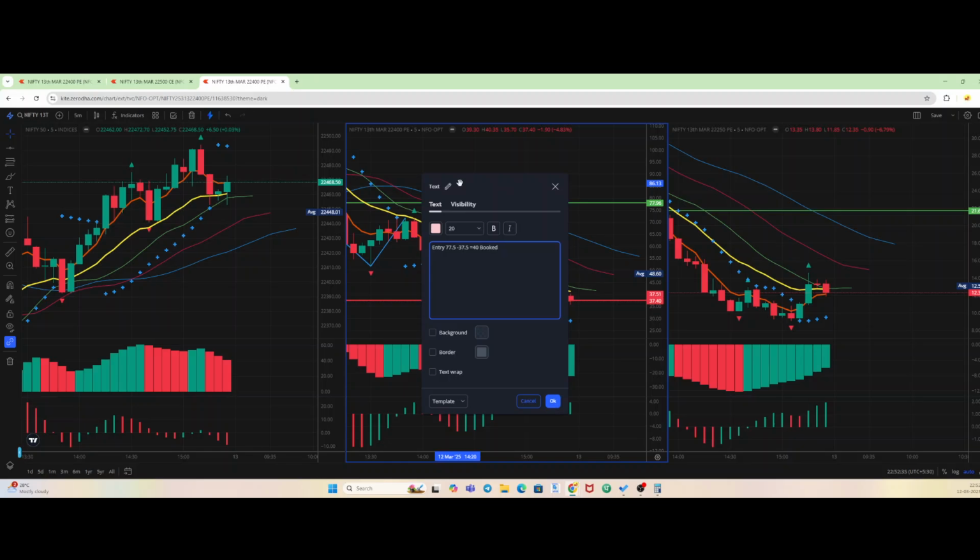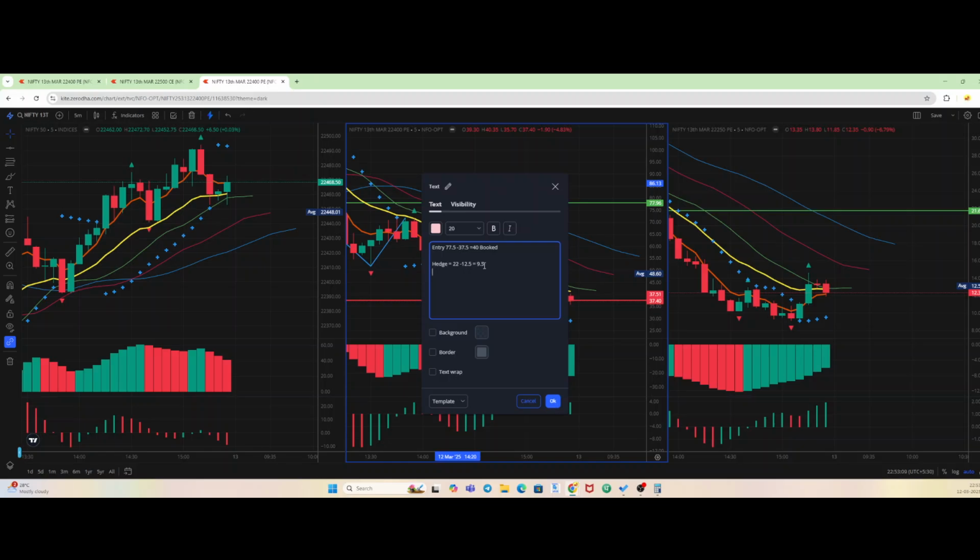Then the hedge side: hedge entry around 22 minus exit 12.5. So 22 minus 12.5 is equal to 9.5 loss here.